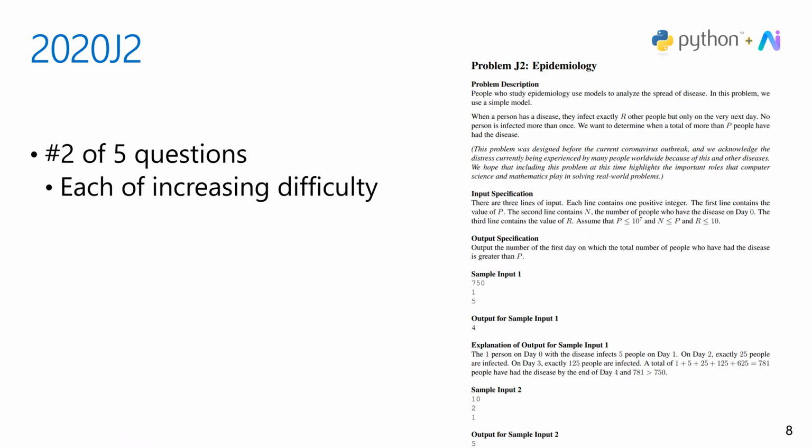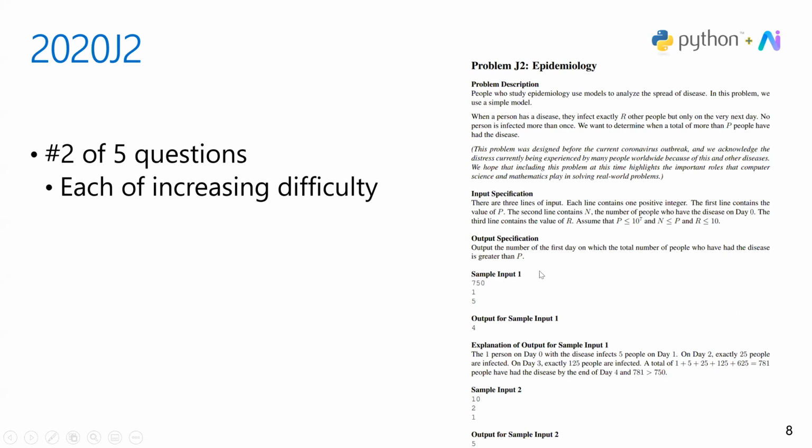Basically, this question was talking about, given a very simple disease spread model, after a number of days, how many people would have been infected? The person who wrote the question claimed that this was written before COVID became a thing, but in hindsight, it was the perfect question for that year.